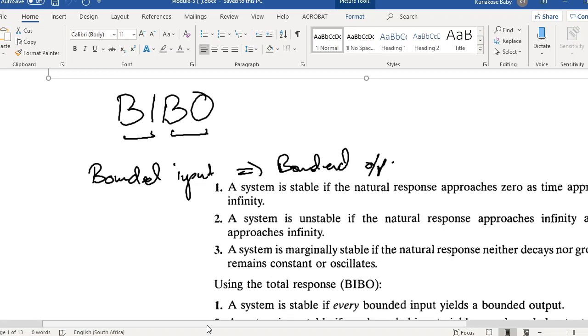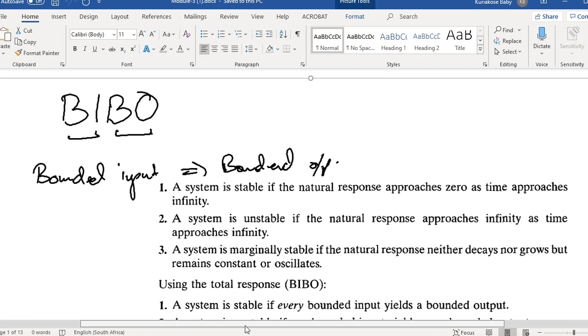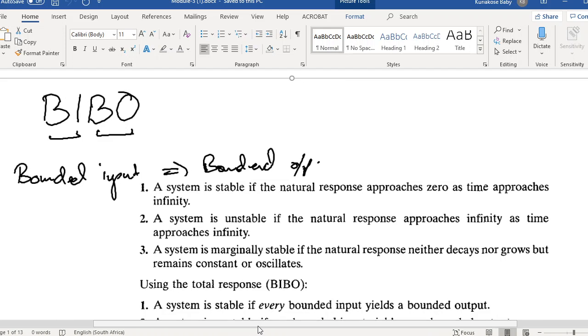Now you can also define stability in terms of a concept called BIBO. BIBO basically stands for bounded input, bounded output. That means if you have provided a bounded input to your system, you should expect an output which is within the boundaries. So a system is stable if the natural response approaches zero as time approaches infinity, and a system is unstable if the natural response approaches infinity as time approaches infinity.